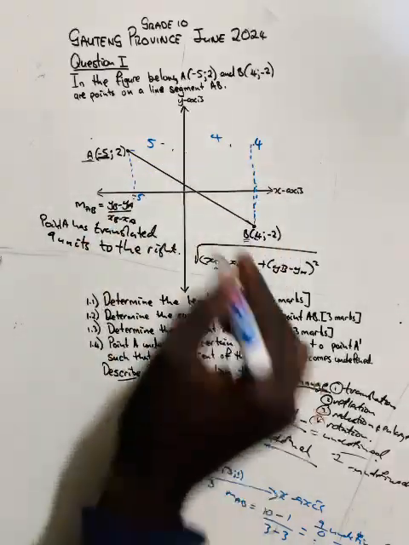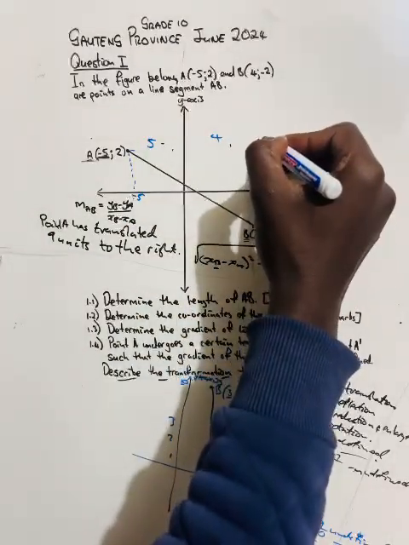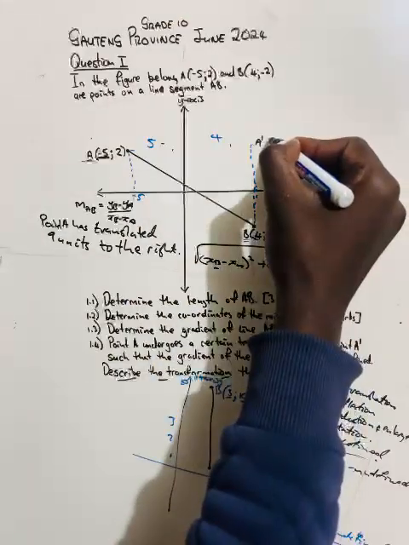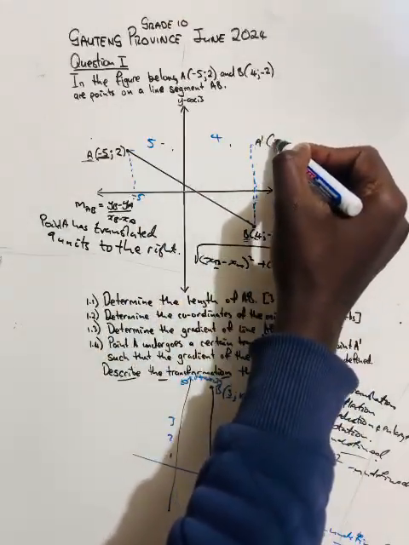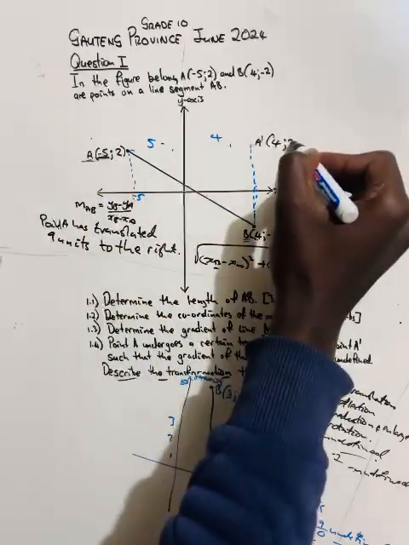Now, let's test. Remember, this is translation, the transformation which occurred. I would say that the new coordinates of A prime are: x is 4 and y is still the same, which is 2.